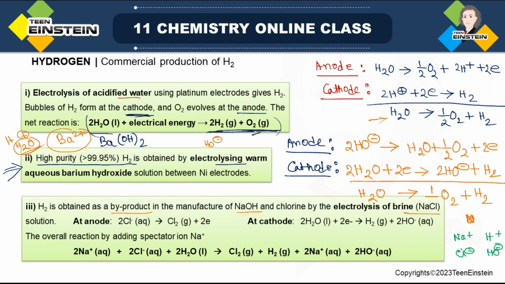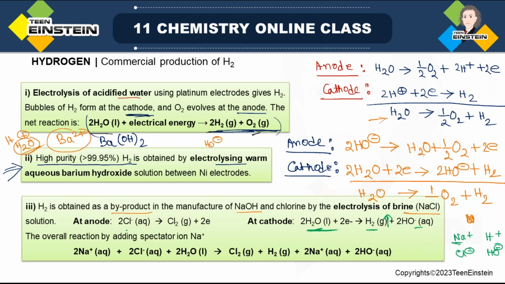Now between Na plus and H plus, the tendency to accept electron is more for water, not even H plus. So that we have also seen in the previous reaction. So if you see at cathode, electron is accepted by water molecule and it is converted to HO minus and hydrogen gas. So this is the product that we want.